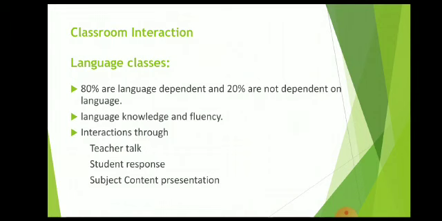More than 90% of the teacher student interactions are language dependent. So in language classes, the teacher not only tries to present the subject content but also tries to expand the language knowledge of students and fluency in the conversation.